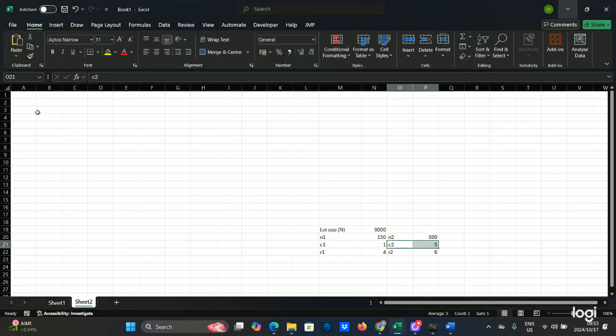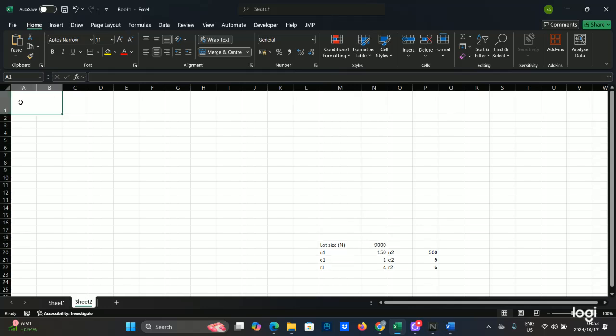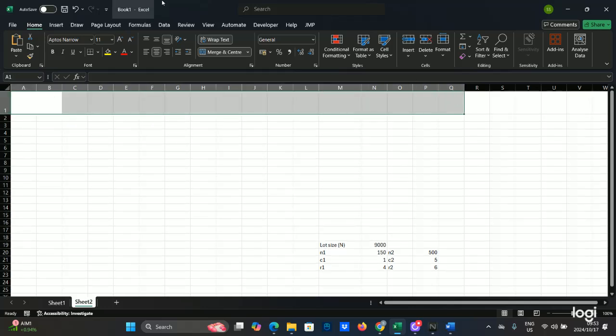Sorry about that. Similarly to a single plan, we have to initially assume process qualities, which is the expected defectives that we can find. Let me just extend this to here.